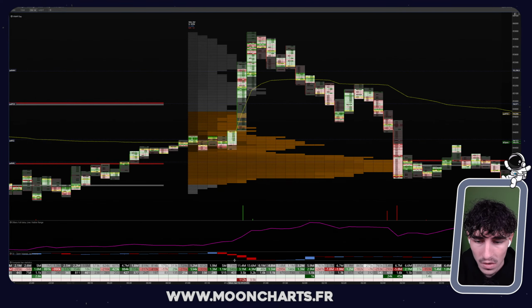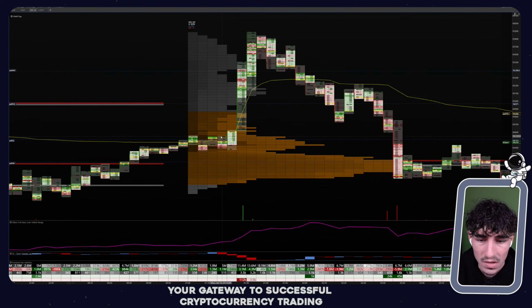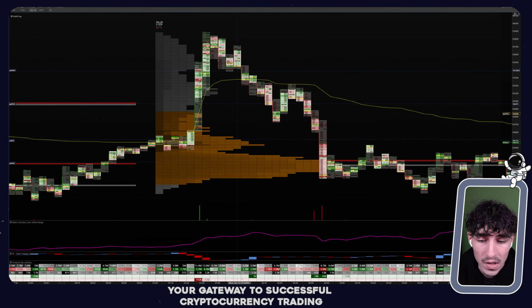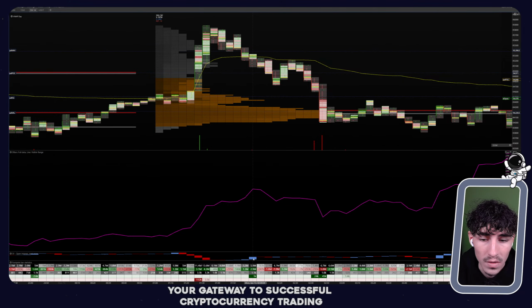All the move up here is on a big decrease of the open interest. It means the move up is really weak, and here you can see we have some longs coming up next. But the price is not moving up. You can see here high, lower high, and on the CVD high, higher high when the longs are coming.